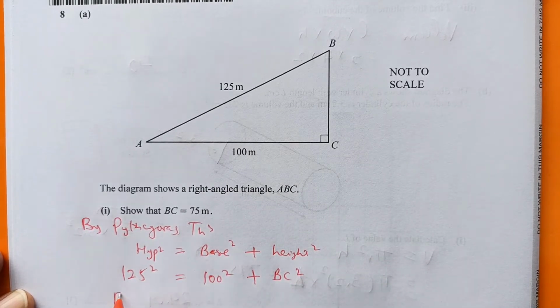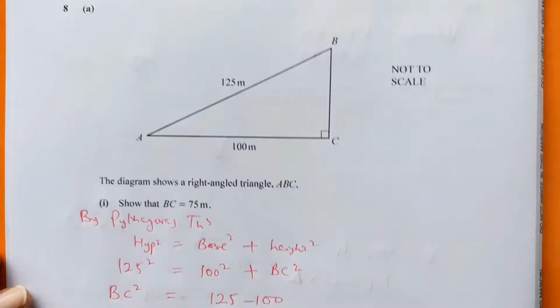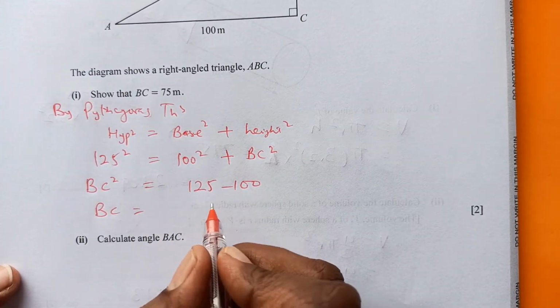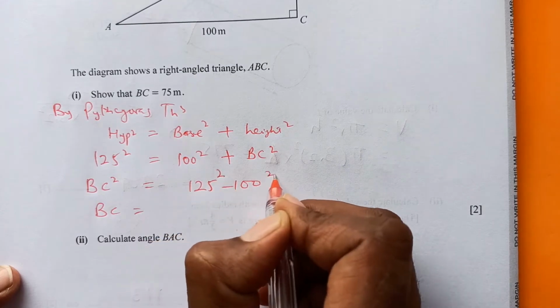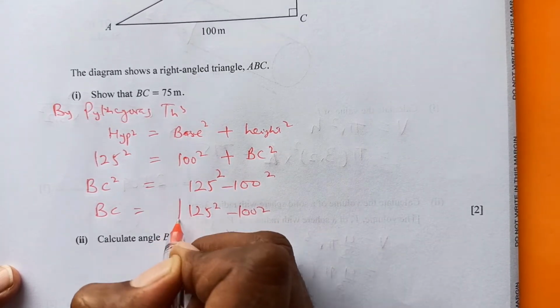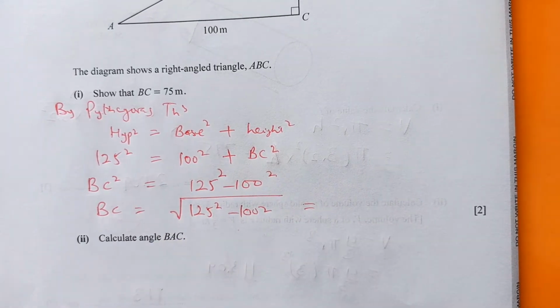So BC square will be 125 squared minus 100 squared, and BC will be the square root of that. So let's do that one.